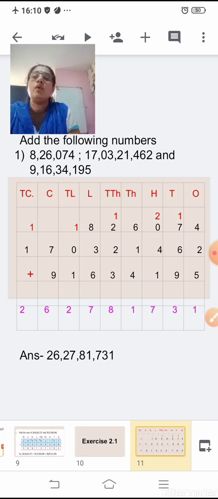So 17 crore 3,21,462. And the third number, it is an 8-digit number. So in the 10 crore place you will not have any number. So 9 will be written under the crore column. So 9 crore 16 lakh 34,195.